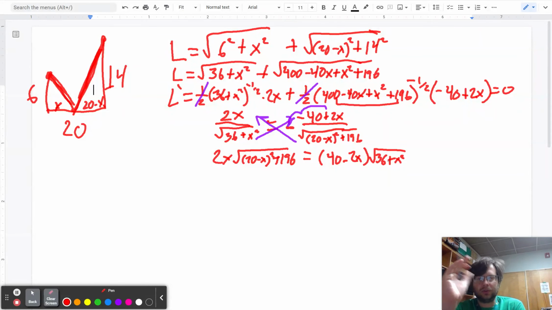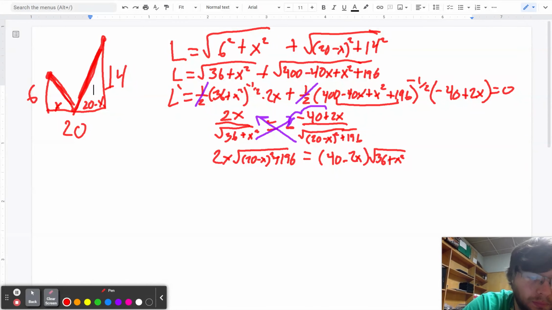And then I'm going to square both sides. So if I square this left side, I can distribute it to both pieces. Same idea if I square the right side.